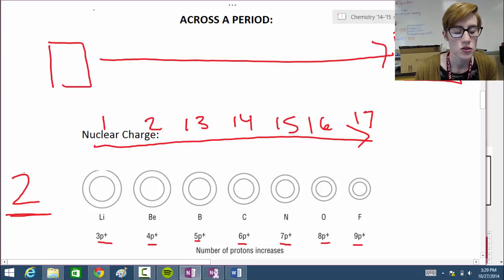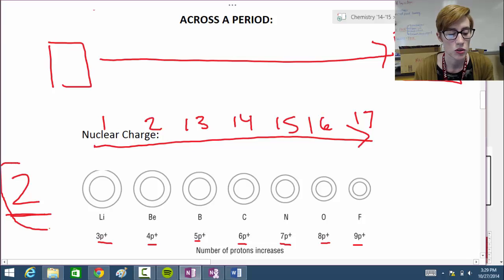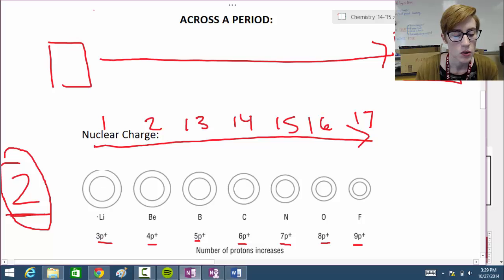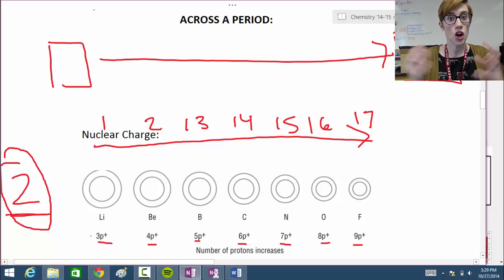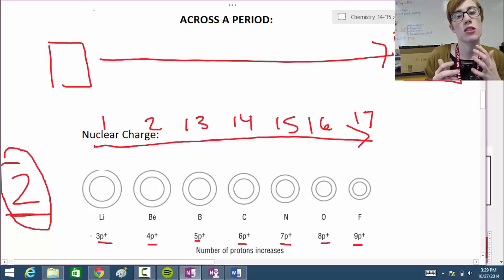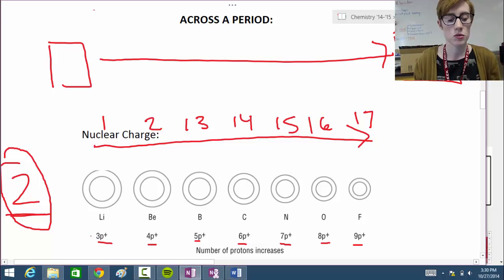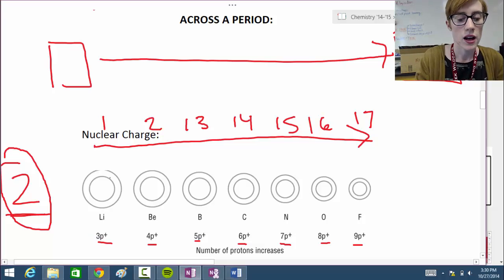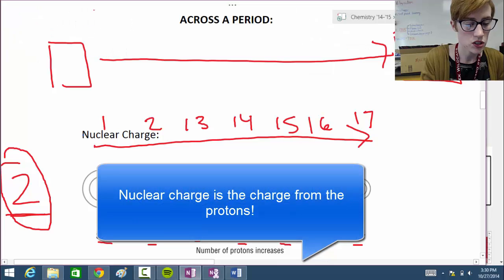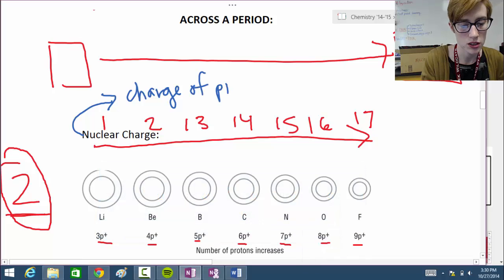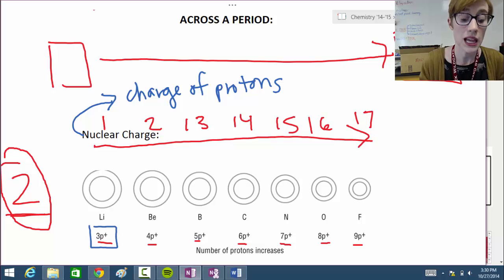So group 1 all the way to group 17 on period 2 or energy level 2. Lithium has 3 protons. So we say that its charge in the nucleus is 3 positives, because it's got 3 protons. For nuclear charge, the definition is the charge of the protons. So lithium has a nuclear charge of 3+.